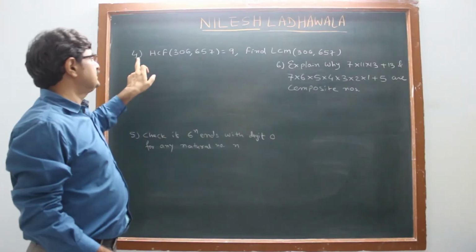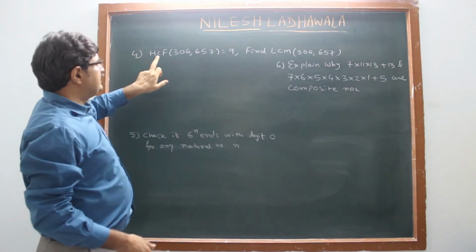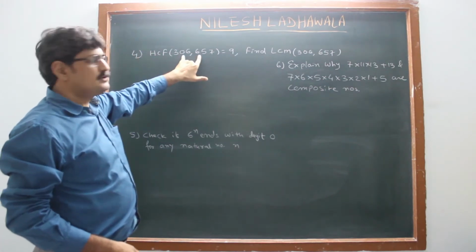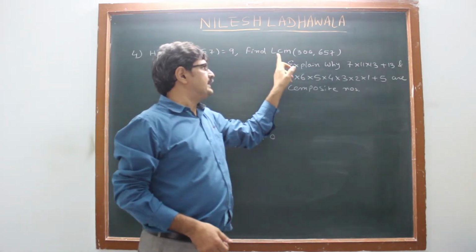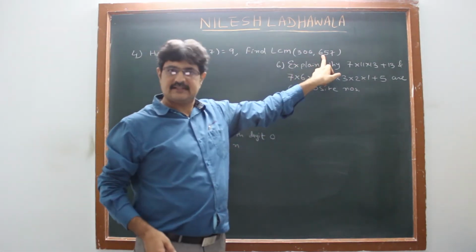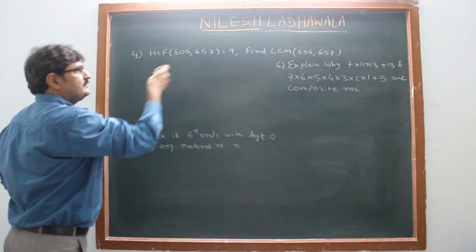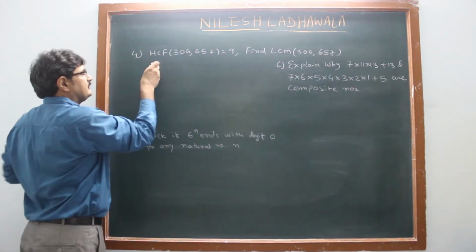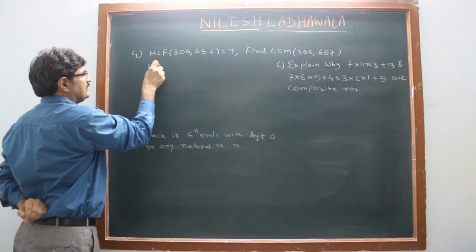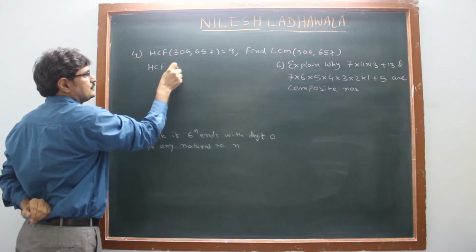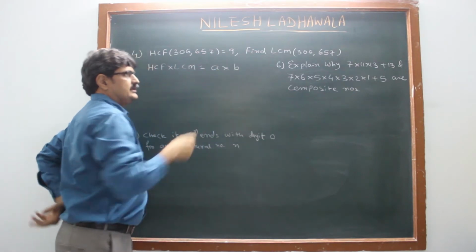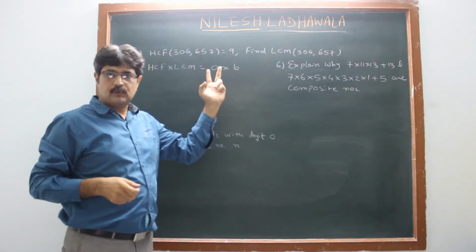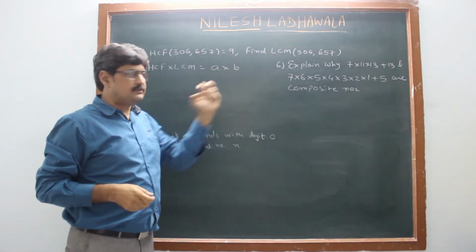Now we will learn question number 4. We are given that the HCF of 306 and 657 is equal to 9, and we have to find the LCM of 306 and 657. Here we will apply the formula which we have done earlier. The formula is HCF into LCM is equal to A into B, where A and B are the two numbers.